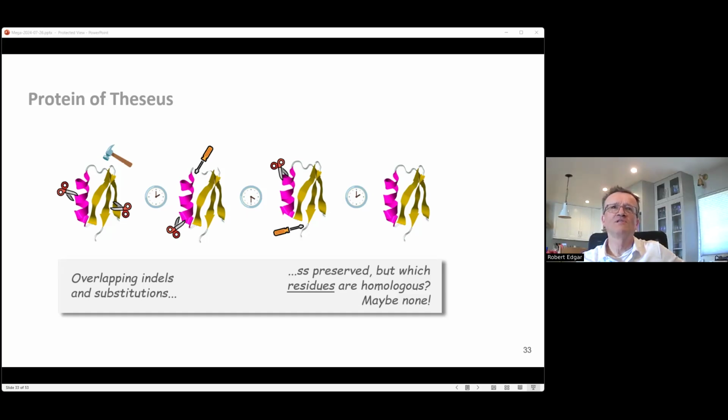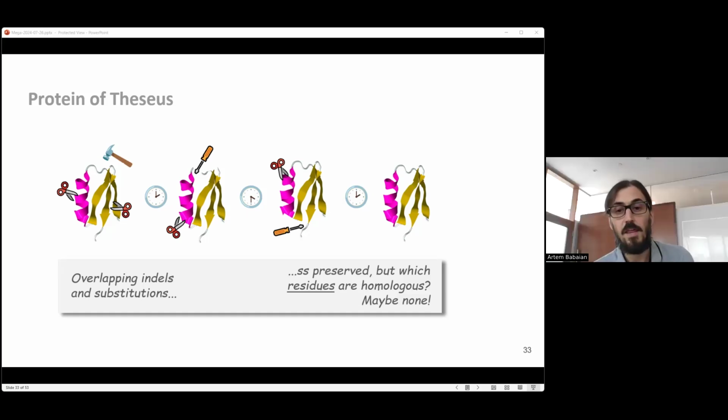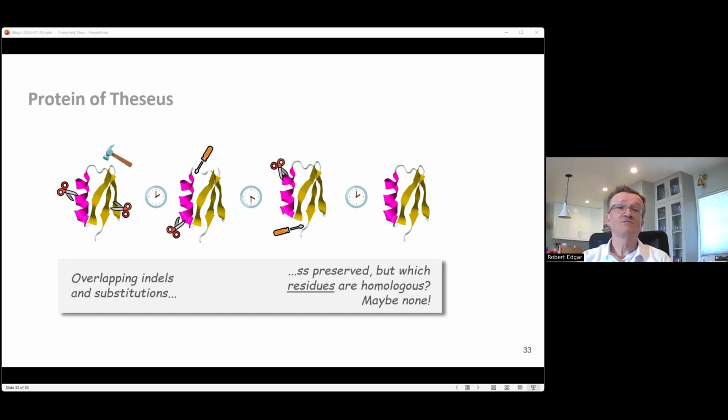Yeah, I think structure is where you would get the most bang for your buck, because you would actually be able to go past that sequence horizon. Yes, you're right. That's part of the vision here, to do a sort of structure-enhanced Diamond, and I'm very curious to see how big a boost in sensitivity you get from that.